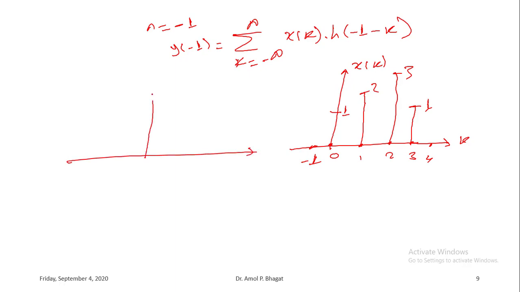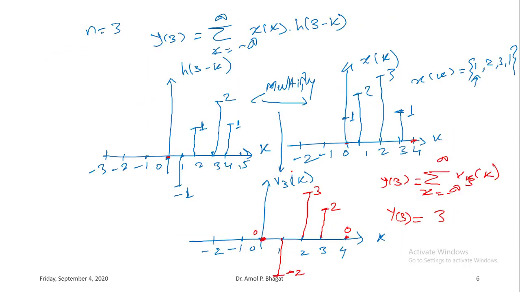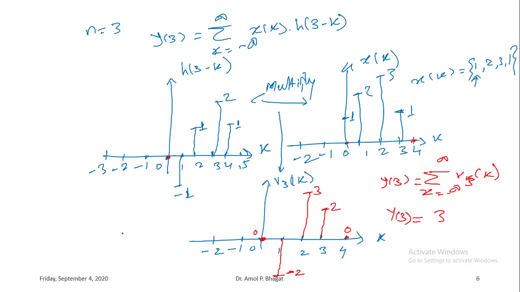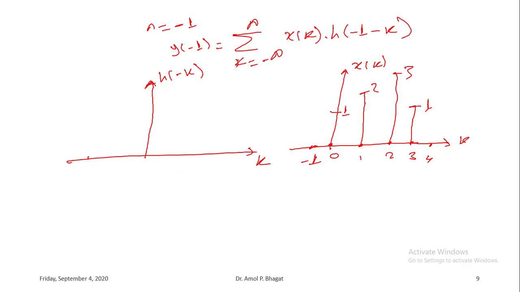H of minus k we have obtained. Okay, h of minus k was the folded sequence, that we have obtained already here. This was your h of minus k, so I will simply plot it. So it is starting from -2. Okay, -1 1 2 1, starting from -2. Okay, sorry.